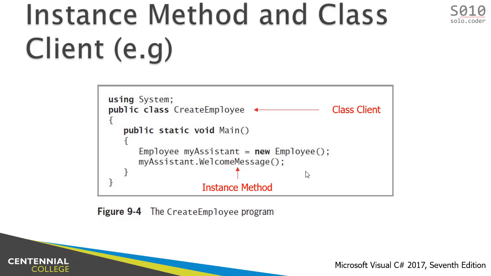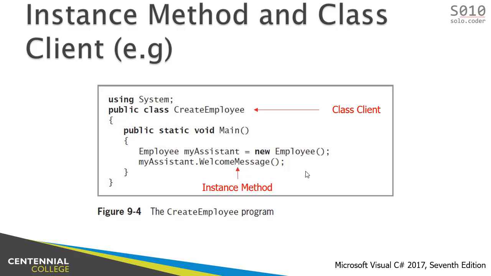What is the range? Where is it visible? So scope means where is it visible? It's only visible where you declared it. Where did you declare my assistant? Inside main. So at this point, my assistant can only be accessed inside main. If you want to access it from another method, you would have to move this to become a variable or a field or a member of create employee. The way it is right now, if you create another method, you'd have to declare it again because they are not visible.